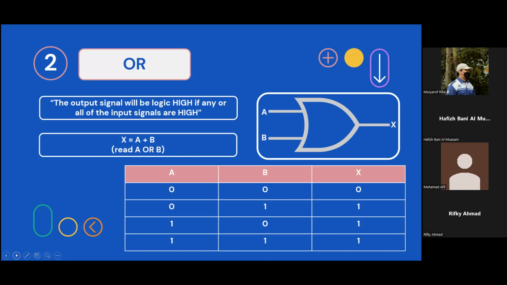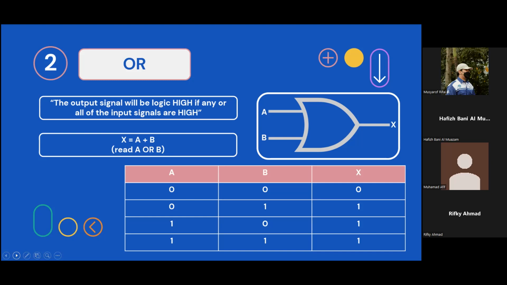Okay, thank you for the time, Mas Rifki. I will explain about OR gates. The OR gate is one of the basic logic gates that has two or more input channels and an output channel. An OR gate will produce a logic 1 output if one or all of its input lines get a logic value of 1.